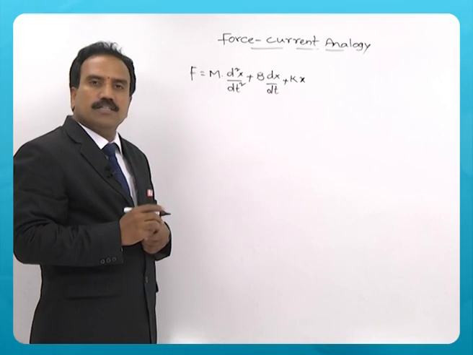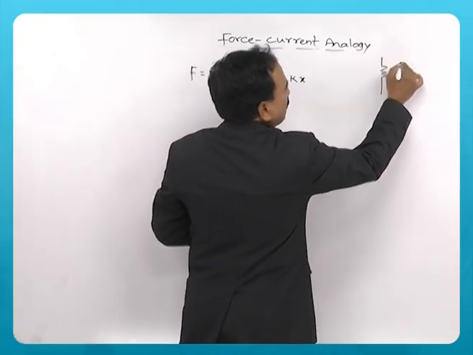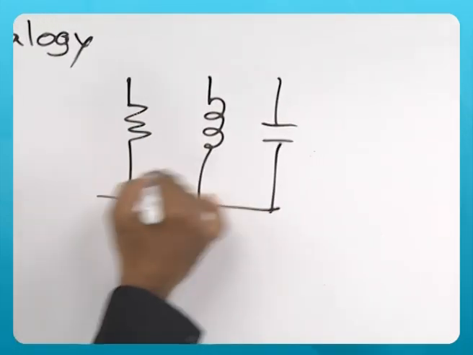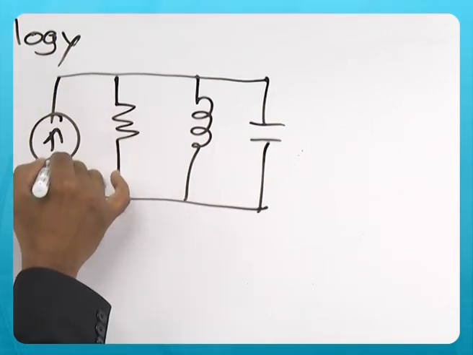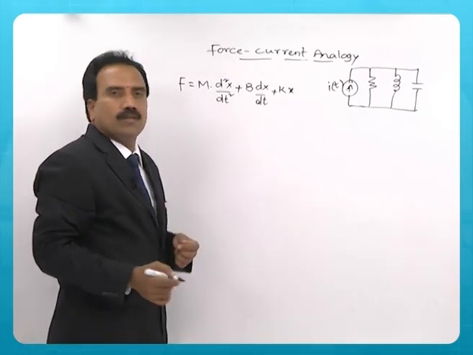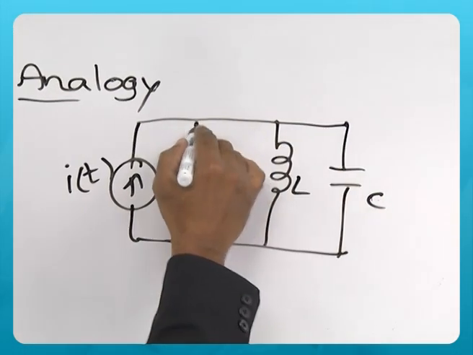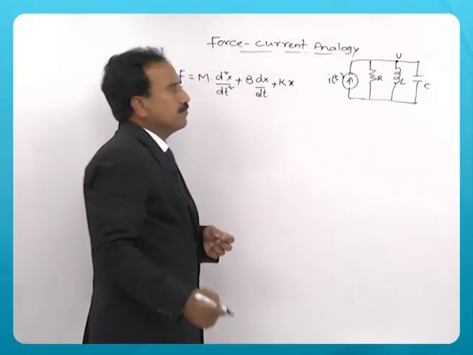In the case of an electrical system, now we consider all the three components, R, L and C, in parallel to the current source, and say the voltage is V here.